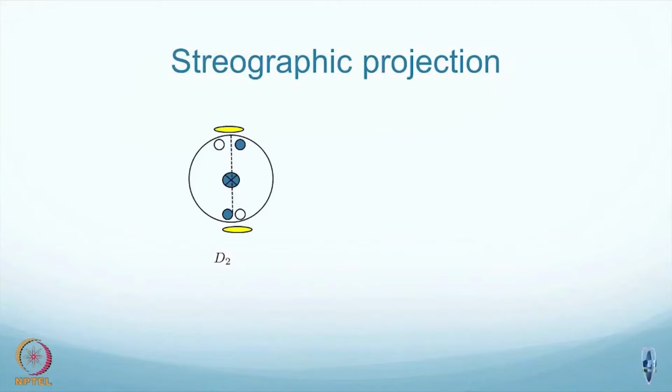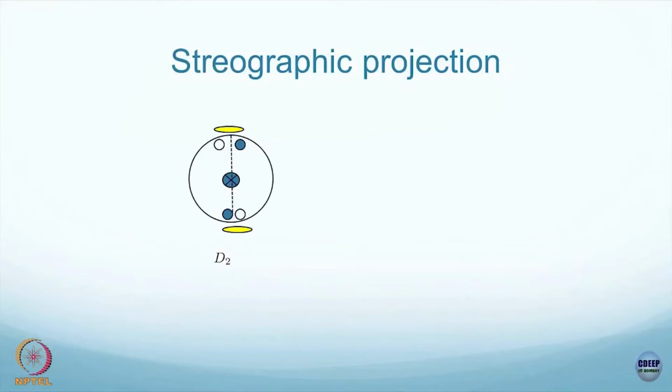So, take the dihedral group, as I said, you have a principal axis here. Now, this principal axis is also C2, and then you have an axis which I have shown by a dotted line with these two hats put on it to say that this is an axis which is perpendicular to the principal axis. And you take a point, when you do a C2 rotation, it goes here.